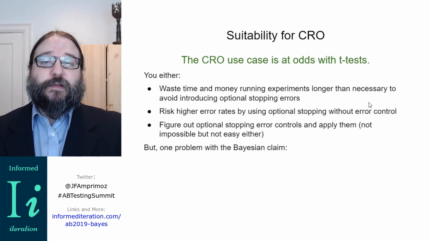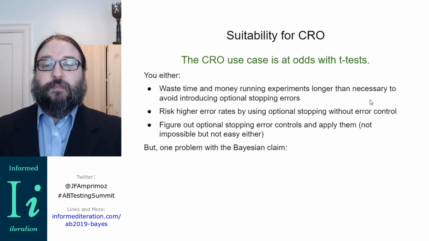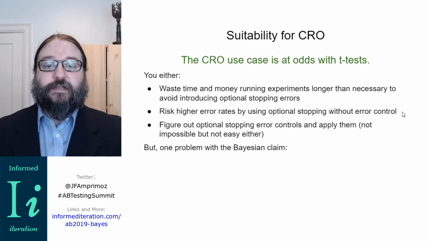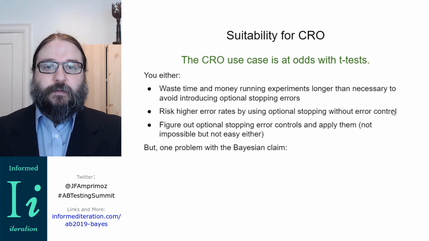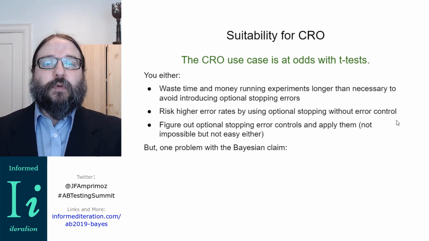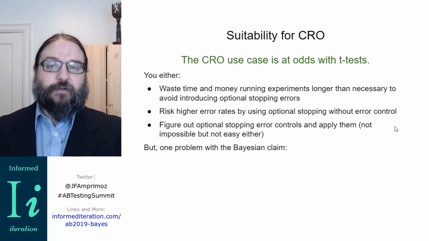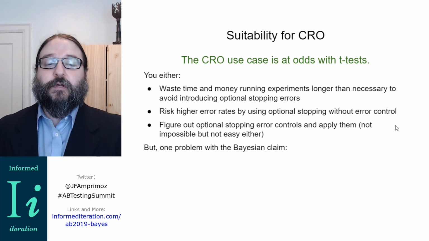That would mean that this claim holds up in the sense that the CRO use case is definitely at odds with t-tests. If we see results that are very convincing, we want to get that advantage and move on to the next experiment as soon as possible.